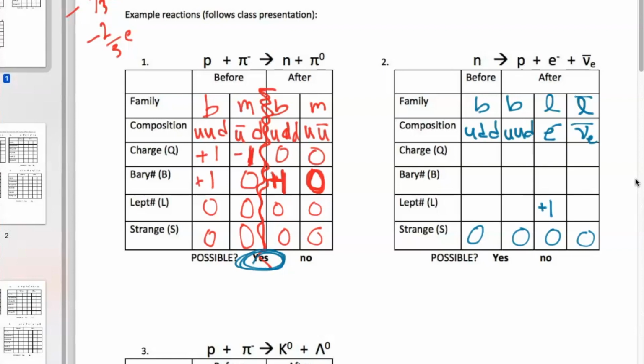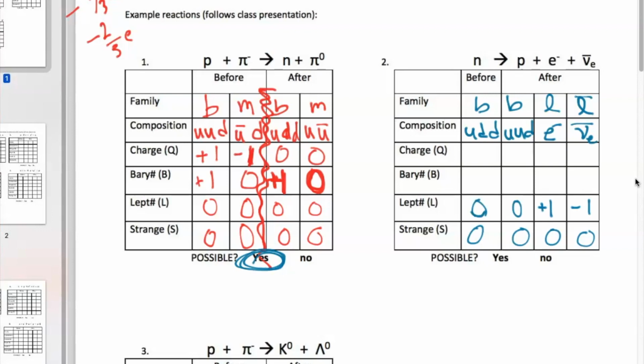So my electron has a lepton number of 1, and my anti-electron neutrino has a lepton number of -1. Since I have a proton and a neutron, they are not leptons, so they have lepton numbers of 0.